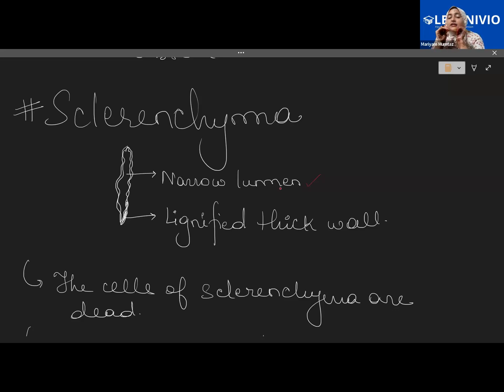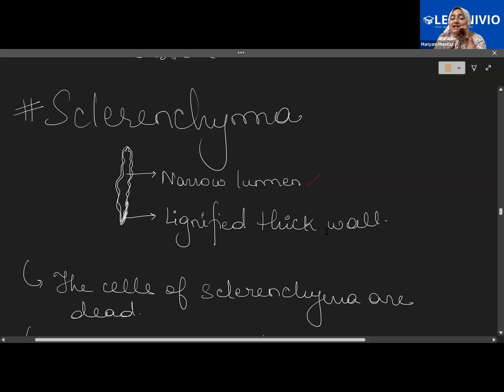Apart from that, the wall that the sclerenchyma has will be a lignified wall. Lignin is a very hard and dead substance that makes the wall very thick. So it has a lignified thick wall. So this is how you would characterize the sclerenchyma.